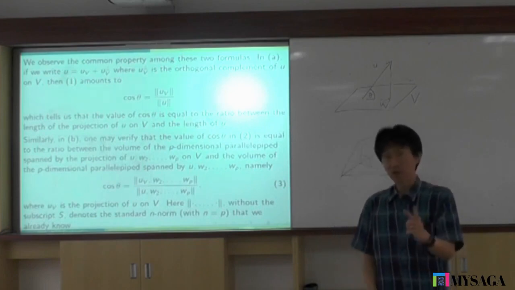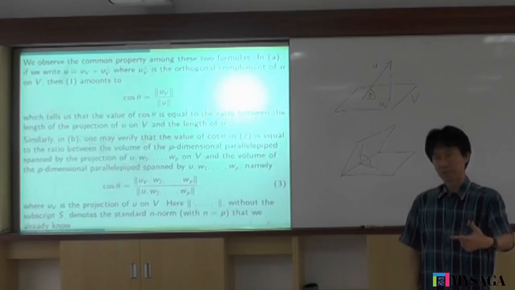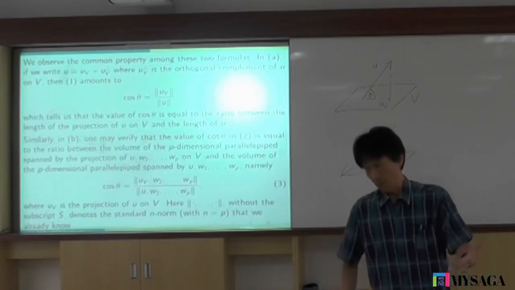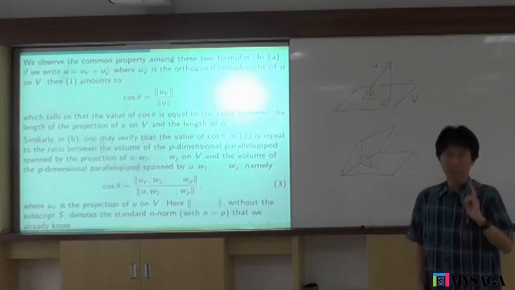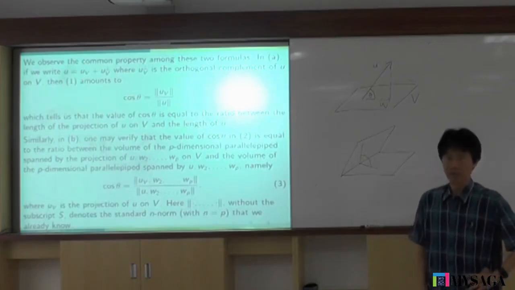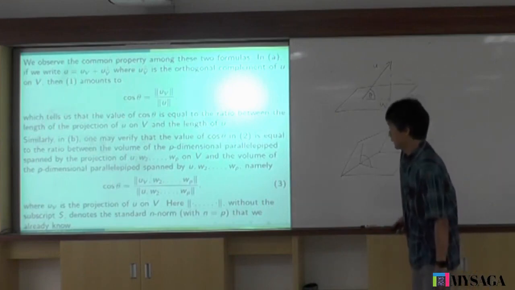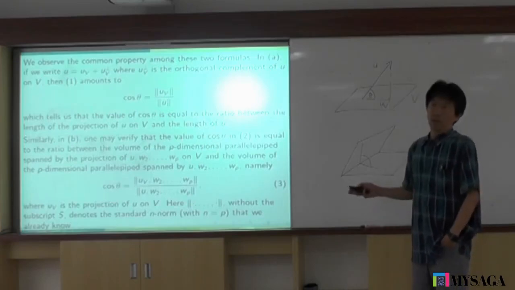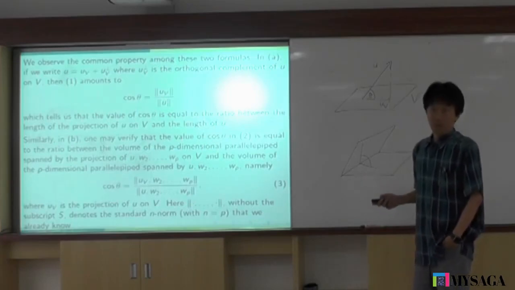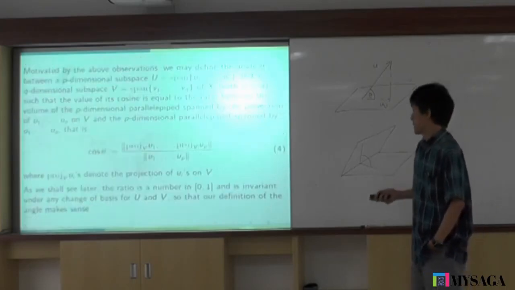So the ratio of the area of the projected parallelogram to the area of the original parallelogram is the cosine of the angle. That is the idea. But of course, then we want to have a more explicit formula, and then we want to observe properties.